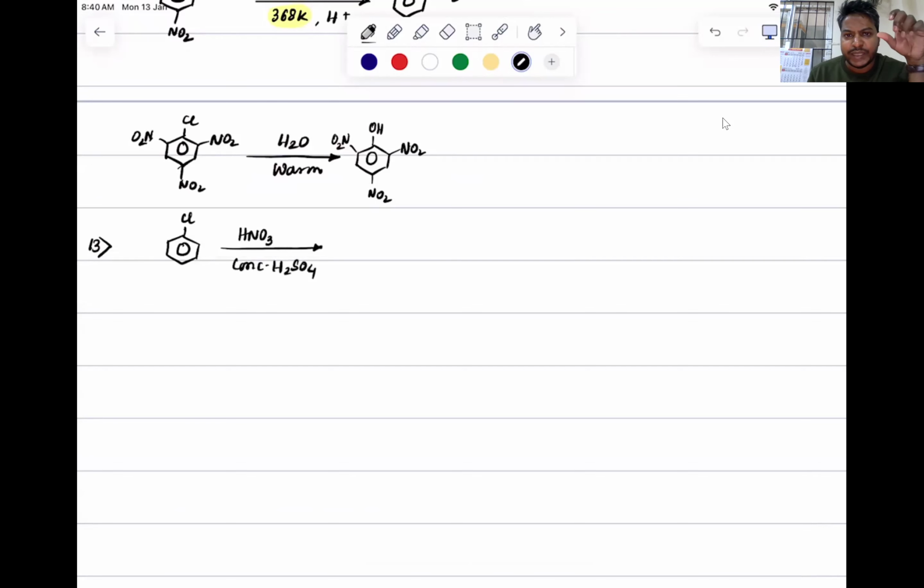Wherever we have chlorobenzene and you are making an electrophilic aromatic substitution, clear? Then the major product has always been para. They have specifically mentioned in NCERT both products, ortho and para, in which they have mentioned that para is major.